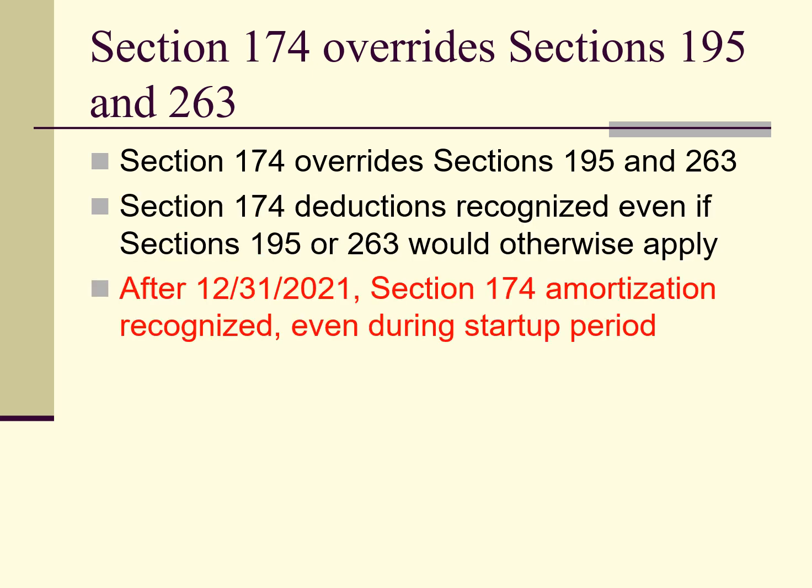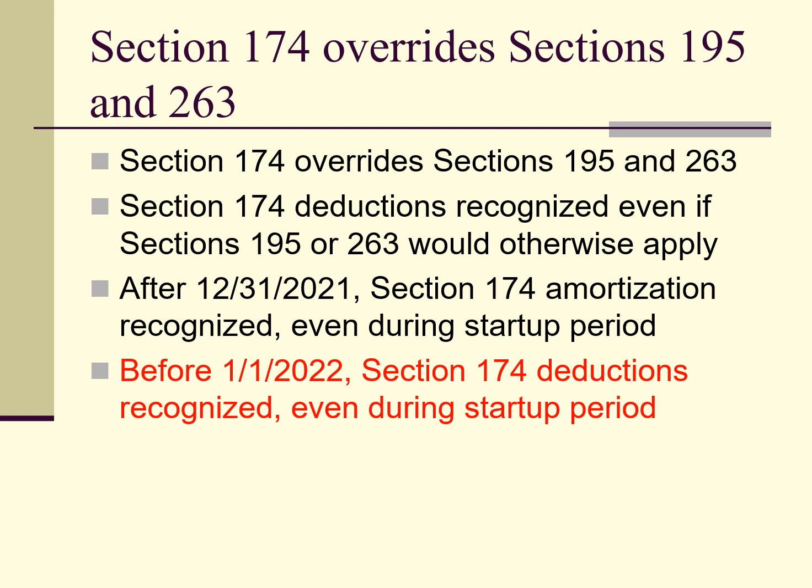For years beginning after 12/31/21, any amortization recognized under Section 174 for software development costs can be deducted during the startup period prior to the date active business operations begin.